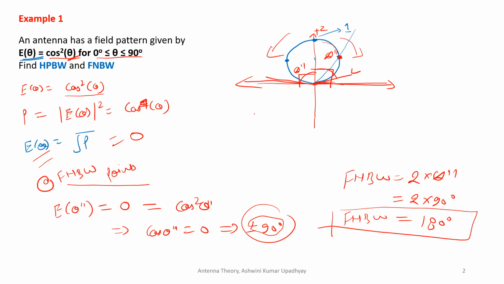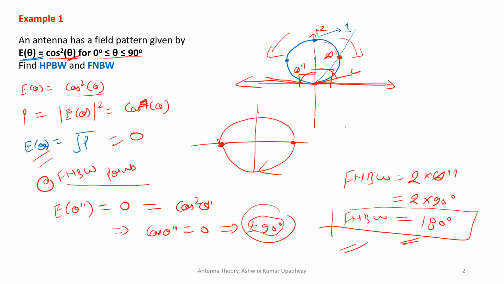I already told you that suppose if you are here or here, if you want to go to plus 180 degrees, you will reach here. And if you want to go minus 180 degrees, you will again reach here, but with a different direction. So it doesn't matter if you take the positive or negative sign here. Your beam width between first nulls is 180 degrees.